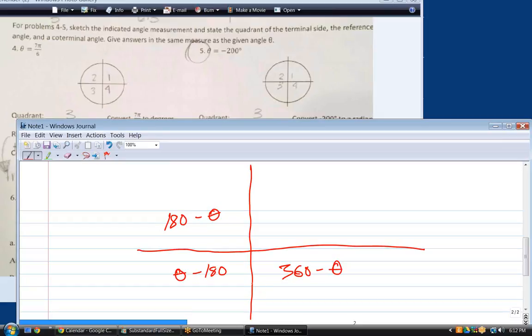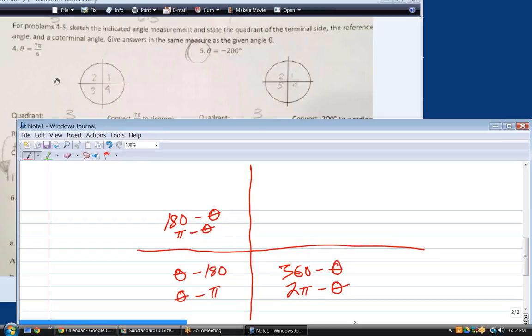Instead of 180 minus theta, I can also say pi minus theta if I'm in radians. And instead of theta minus 180, I can say theta minus pi. And instead of 360, I'm going to say 2 pi. So memorizing these will allow you to take any angle they give and convert it to a reference angle.